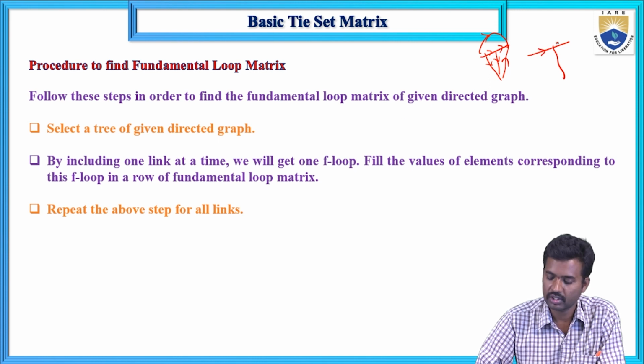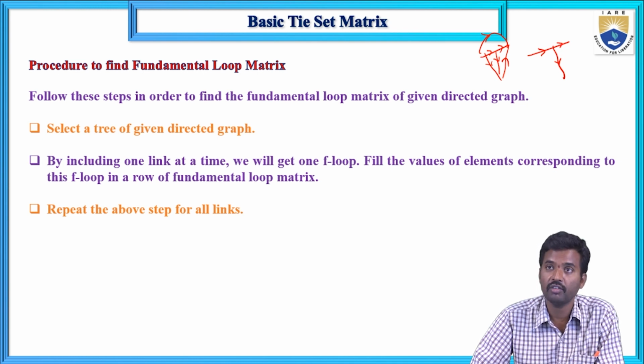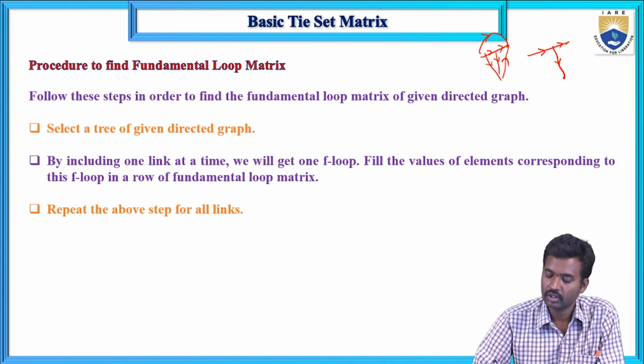A tree means there is no closed loop in the graph. It should not consist of any closed path, and it consists of all the nodes, with no closed path and no link.